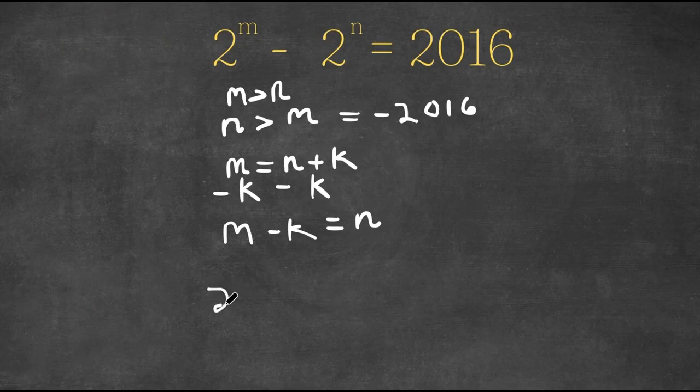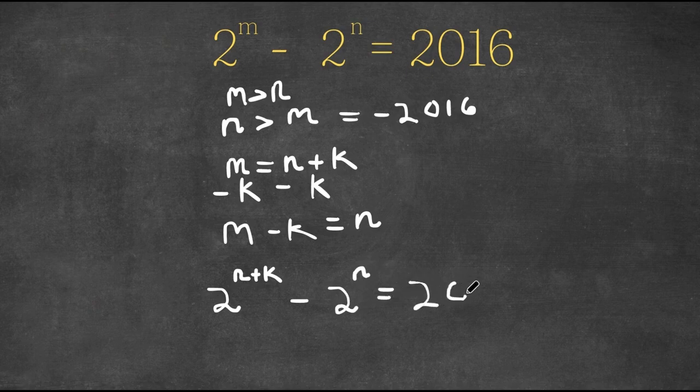So now we have 2 to the power of n plus k minus 2 to the power of n is equal to 2016.